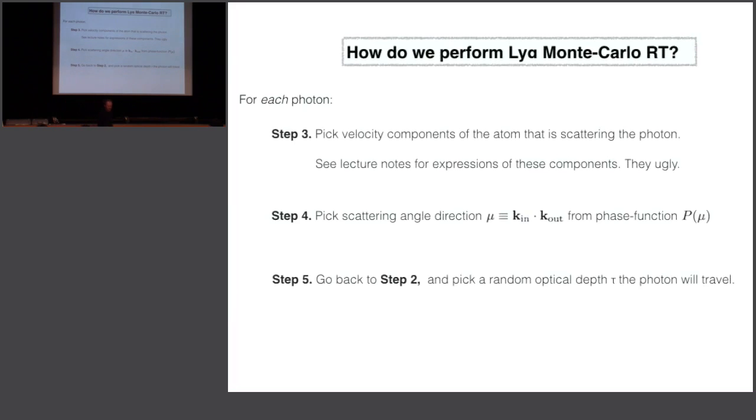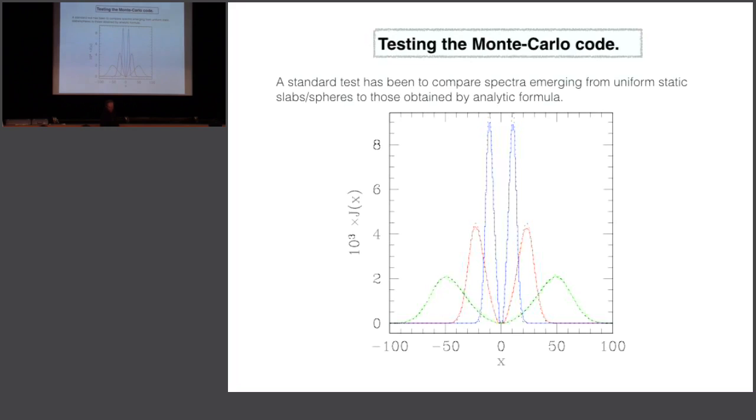We generate a new tau, see what happens, and repeat this until the photon escapes from the scattering medium. And remember, we do this for each photon. You do this enough times, then you should be okay. Now, I know this procedure is prone to bugs, so you would like to test it in as many ways as possible.